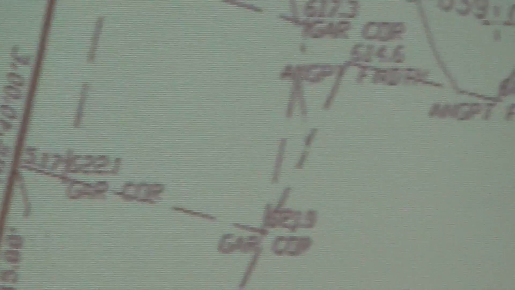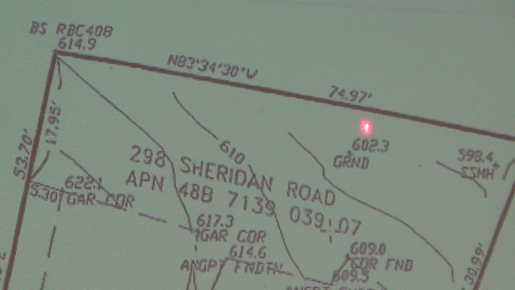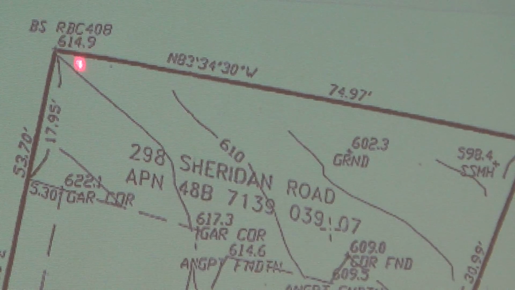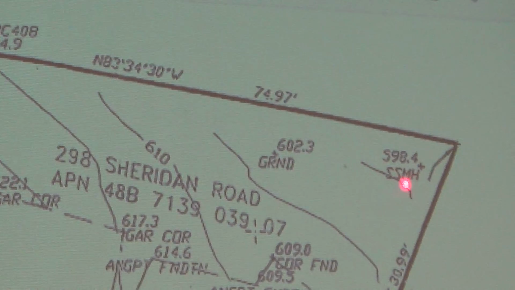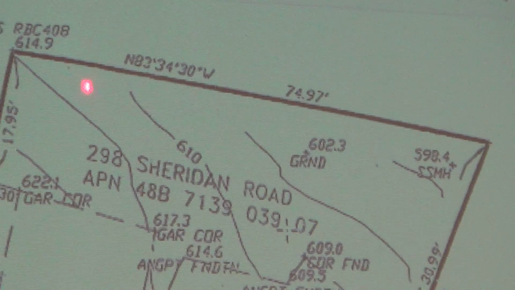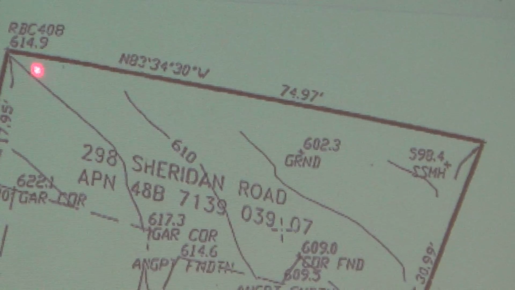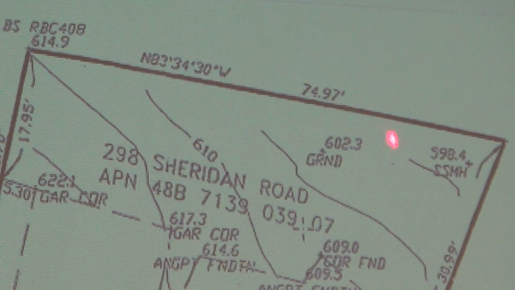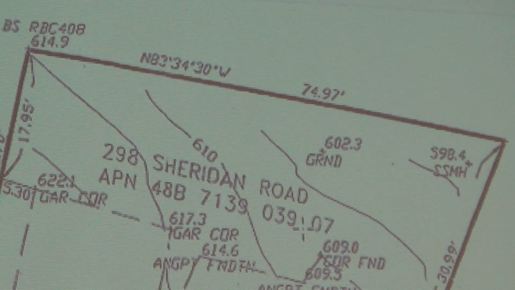There's no way that this 74 feet could be a vertical distance, because we're looking at a 614 elevation here and a 598 here. What is the change in elevation along this line? It's like 17 feet maybe? 17 feet, yeah. Right, because this is 598, this is 615, right? So this 74 definitely cannot be a vertical distance.